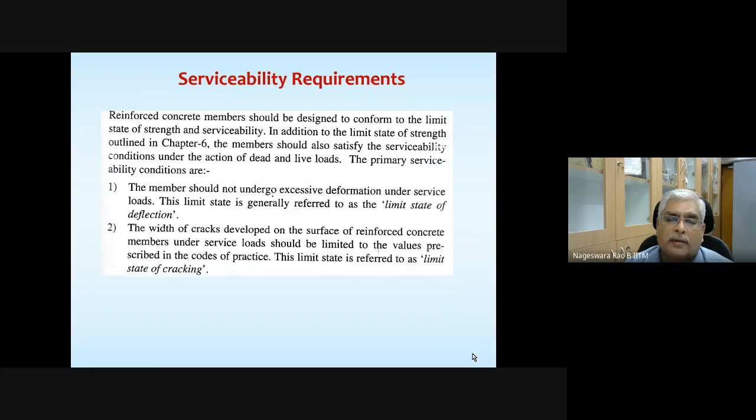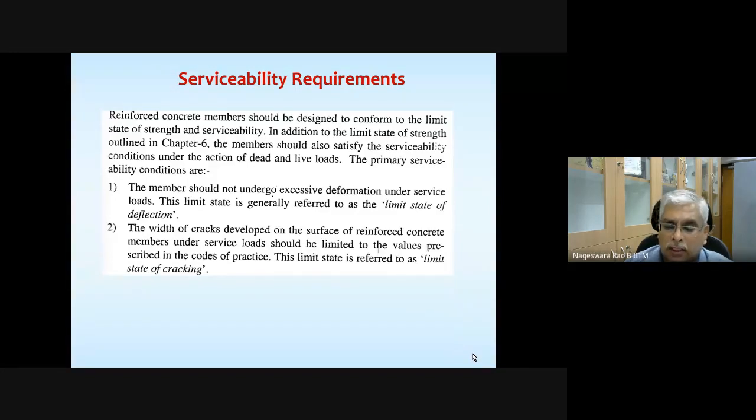And similarly, crack width. If you strictly follow the clauses given in IS 456 with respect to maximum spacing and minimum reinforcement requirements and other requirements, and make sure your design complies with all the codal provisions, then automatically the crack width is going to be taken care of. But if you really want to know the width of a crack, there is a procedure outlined in Annexure F of IS 456.